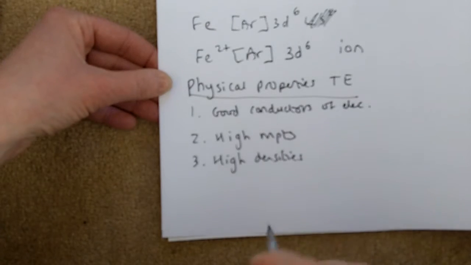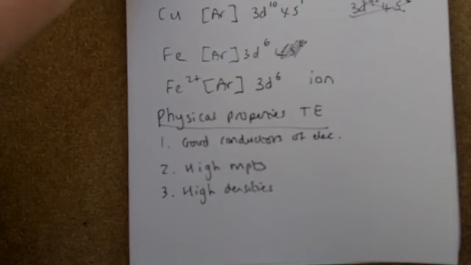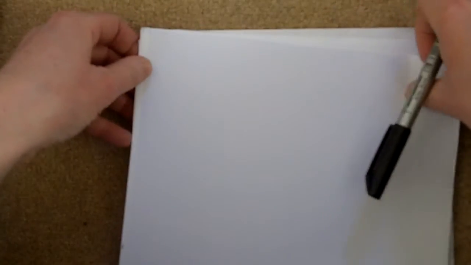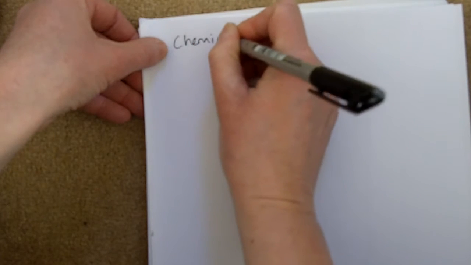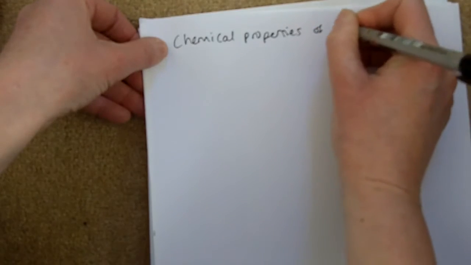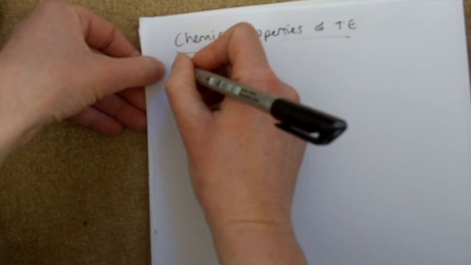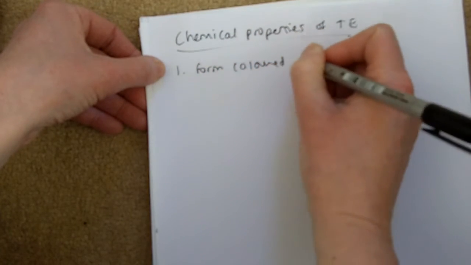Okay, now the chemical properties of transition elements. Remember, scandium and zinc are not transition elements. The chemical properties are that they form coloured compounds.